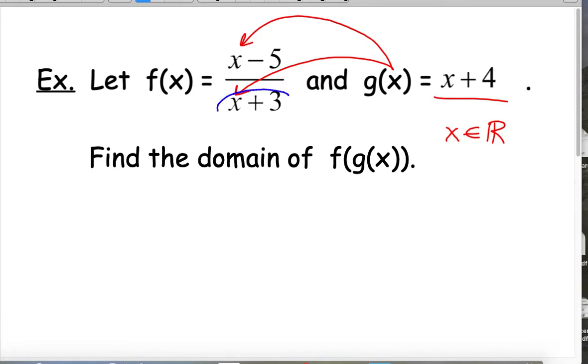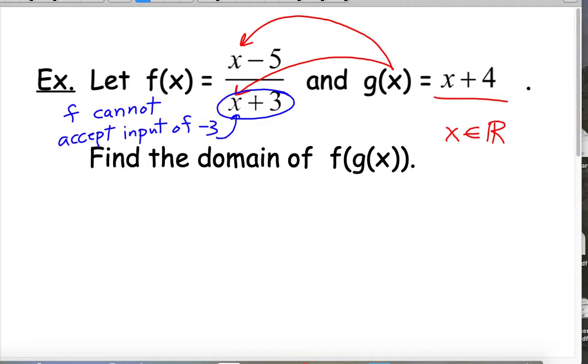And I know that I can't divide by 0. So f cannot accept the input of negative 3. Because if we put a negative 3 here, we're going to get a divide by 0.